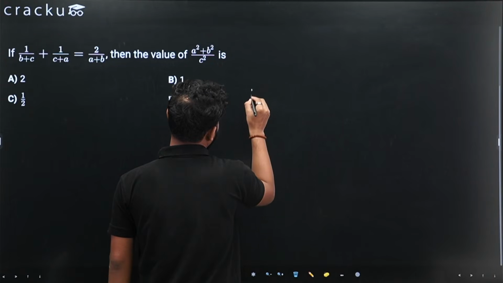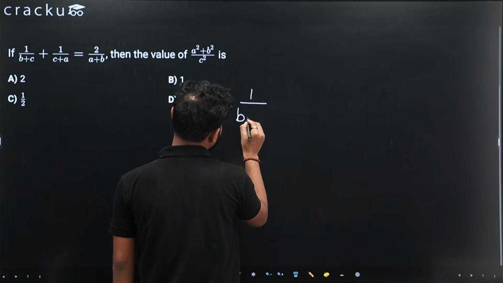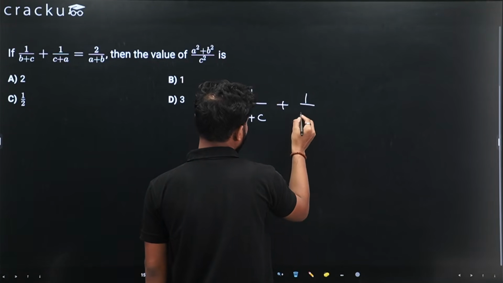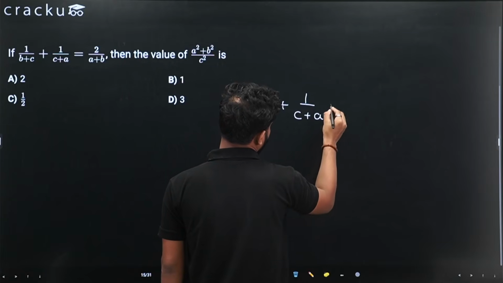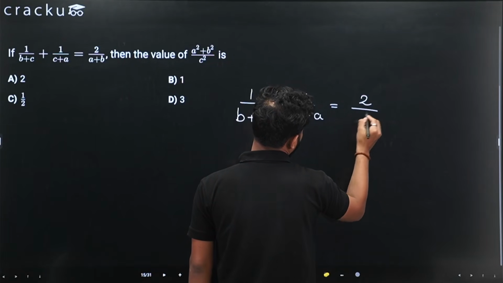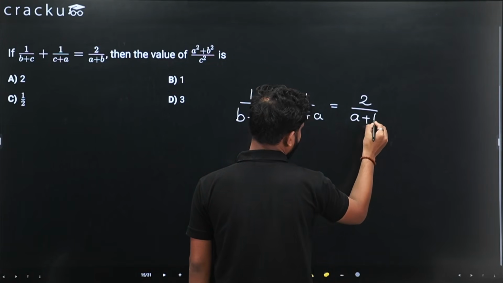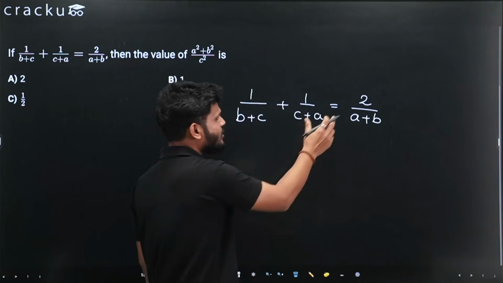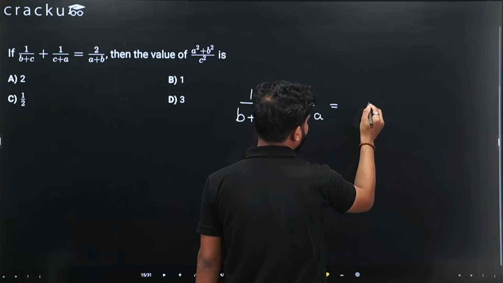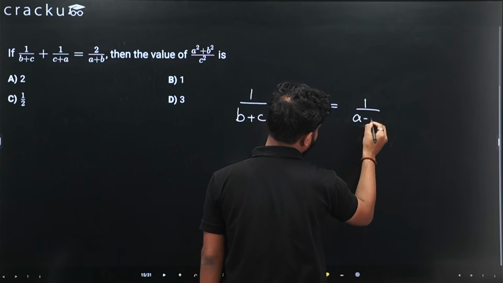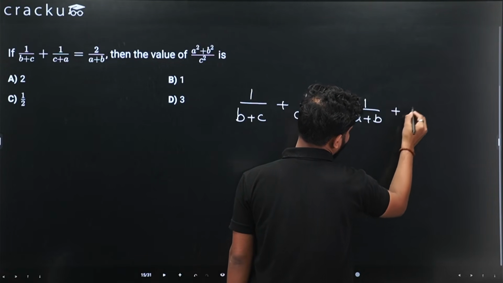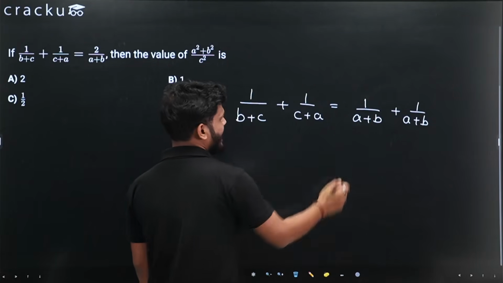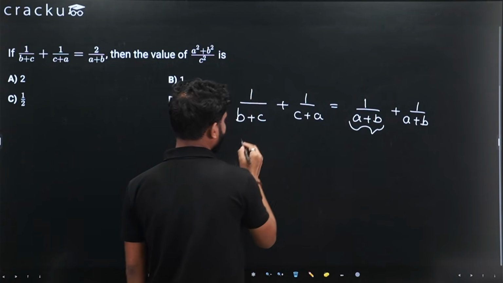We have 1 upon B plus C plus 1 upon C plus A is equal to 2 upon A plus B. Now how do you find it? So 2 upon A plus B, I can write as 1 upon A plus B plus 1 upon A plus B, correct?